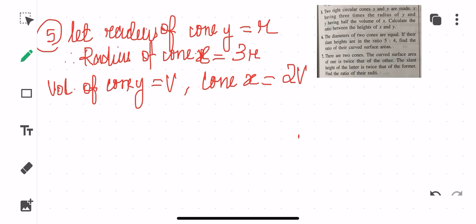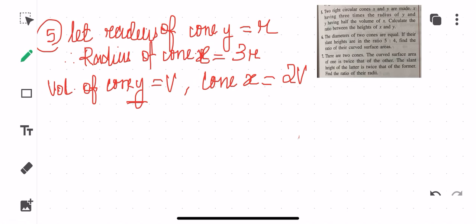Or else if you want, in this particular step you can take for x as v, and for y you can take as v upon 2, that is also fine. Why am I taking this, children? Because in the radius also I have taken for y as r, so here also for y I am taking as v. So this is the only reason. If you want, you can do it like that as well.